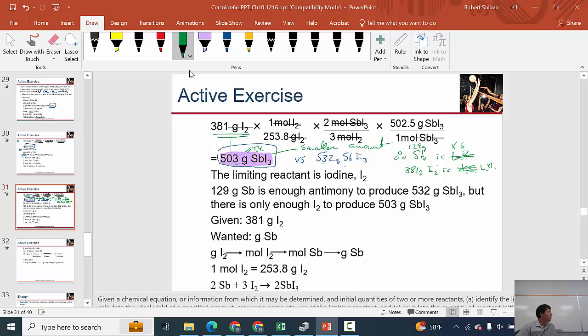So 129 grams of antimony is enough antimony to produce 532 grams. But we can't produce 532 grams because we're going to run out of the limiting reagent, which is the 381 grams of iodine. But there's only enough iodine to produce 503 grams of antimony triiodide. So we're only going to produce 503 grams of antimony triiodide. All right, this last calculation that they're doing here is 4B.